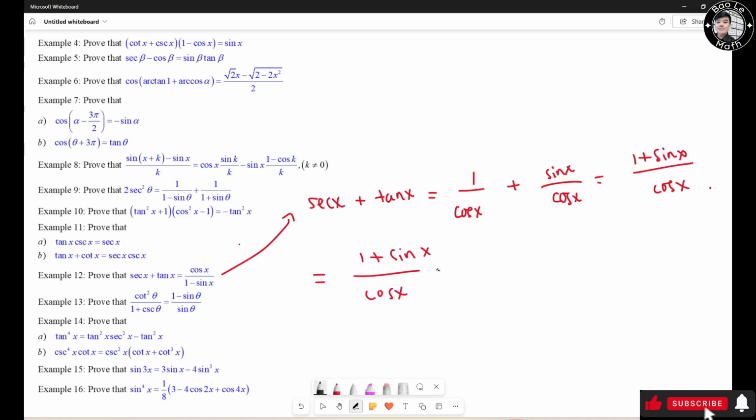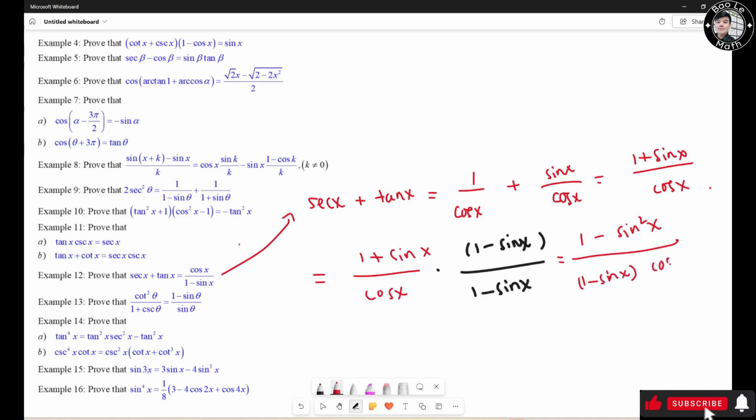I just multiply the top and bottom by 1 minus sine s, right? So on the top, it turns out to be difference of 2 squares. It's going to be 1 minus sine square of s, right? The bottom should be 1 minus sine s times cosine s, right?